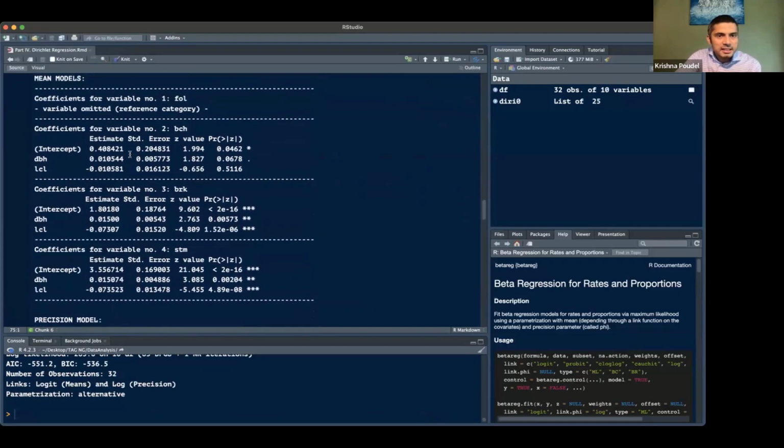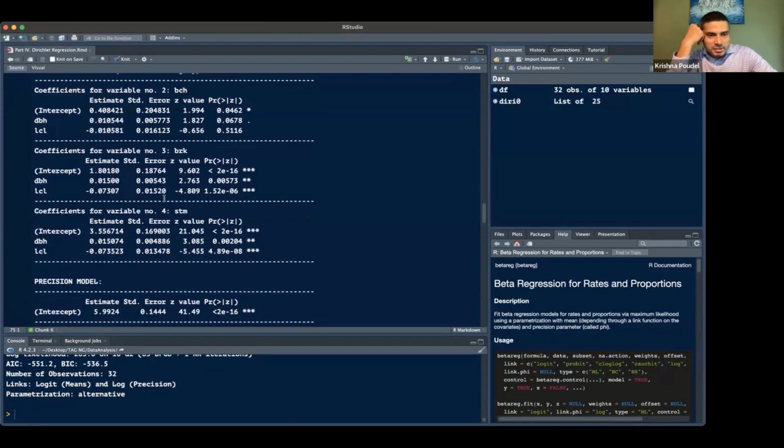So now it basically fitted 3 different models, and one model is not fitted. If we know the proportion of the other 3, then we can get the 4th proportion. For example, if the sum of 3 proportions is 75%, then the 4th will be 25%.